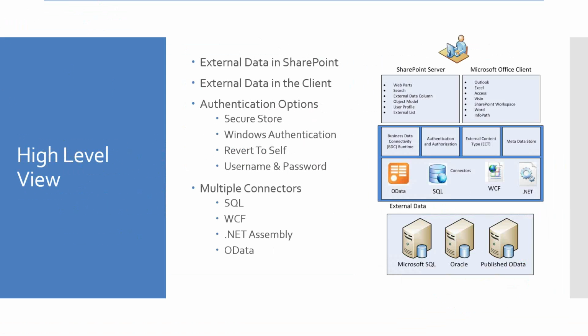If you imagine we're connecting to maybe a customers table, what we're going to have is the company name, the contact name, the address, the city, the county, the zip, and so on. And these are all going to be strongly typed names, so they'll be System.String or DateTime and so on, that are defined inside the external content type. And then we're going to have some methods that allow us to actually go and get that data. So there's a finder method, a specific finder, and then a creator, updater, and deleter that allow us to write back. And all of that gets encapsulated inside this external content type.